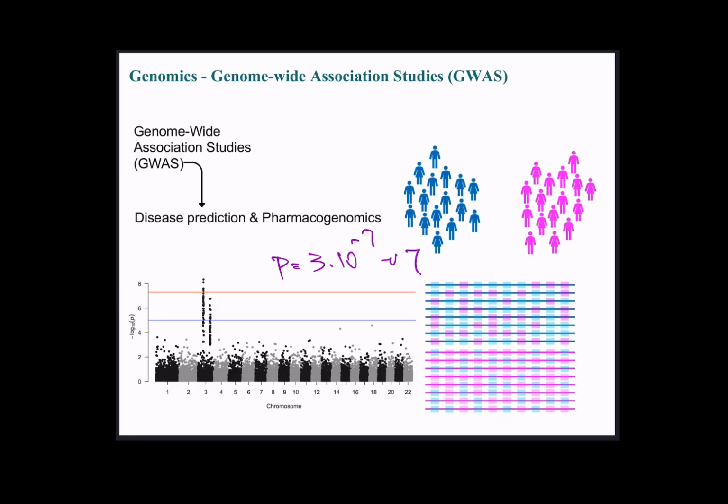So you will find in literature that SNP 23.5AX was highly correlated with diabetes, and genes A, B, and C were identified as potential GBA candidates. And what that is telling you is that those genes were in the vicinity of these SNPs.